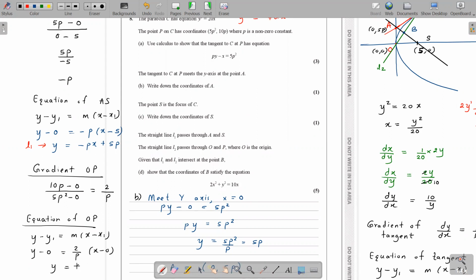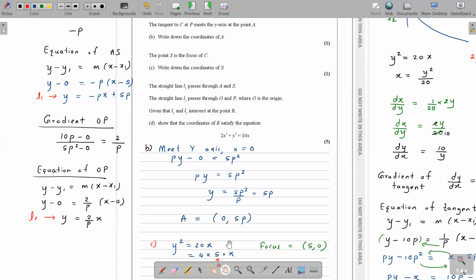So basically I get y equals 2 over p times x, and this is my line 2. This is my line 2. Now all I need to do is solve these two equations simultaneously and get the point where line 1 and line 2 intersect so that I can find the coordinates of point B. Okay.